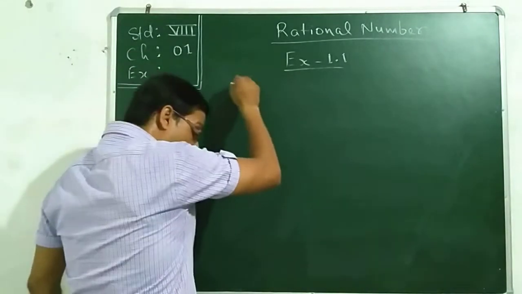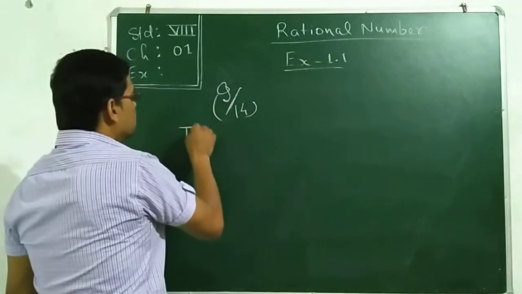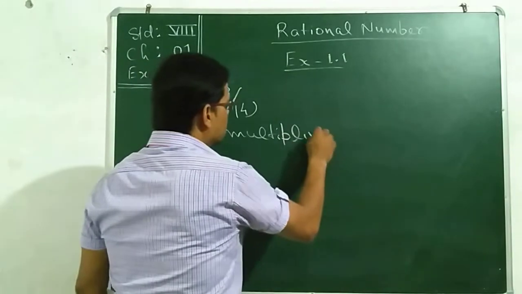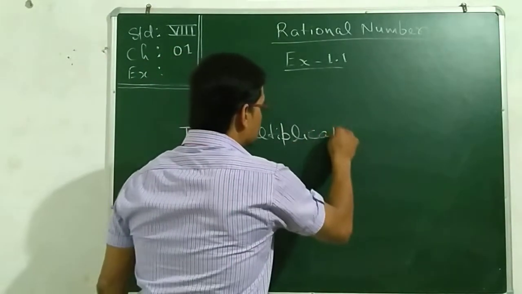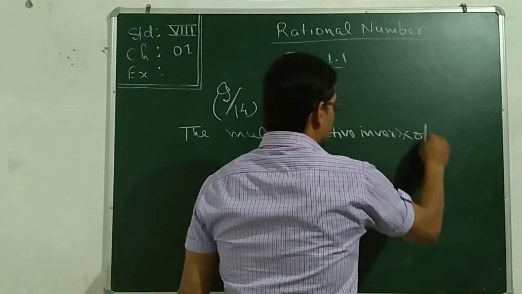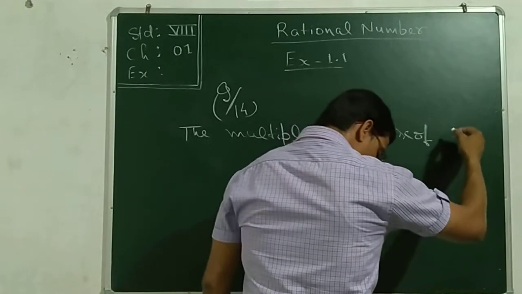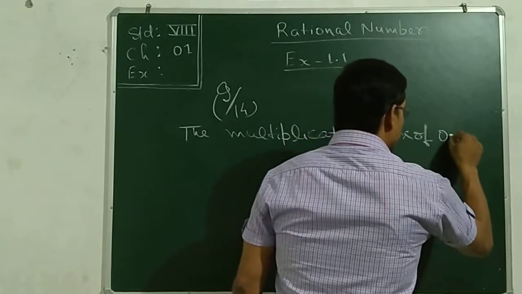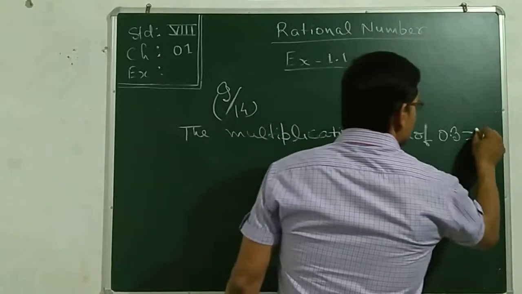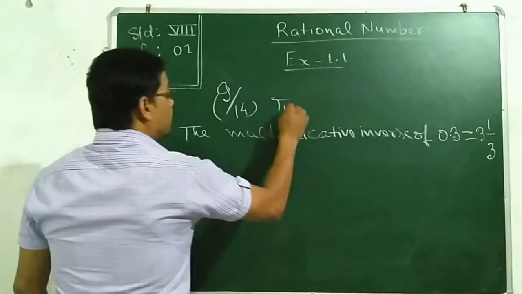So first we find out whether 0.3 equals 3 whole 1 by 3.